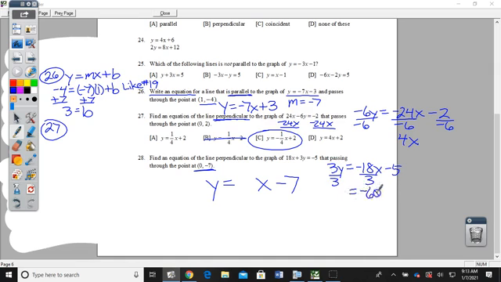So that's -6x. Notice, am I worried about any of the rest of the problem? No, because I'm only interested in getting the slope. If the slope's -6, what's perpendicular to -6? +1/6. So y equals 1/6x minus 7. Okay? Everybody good? Everybody got it? All right.